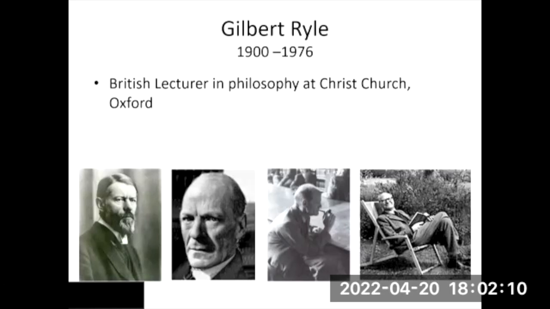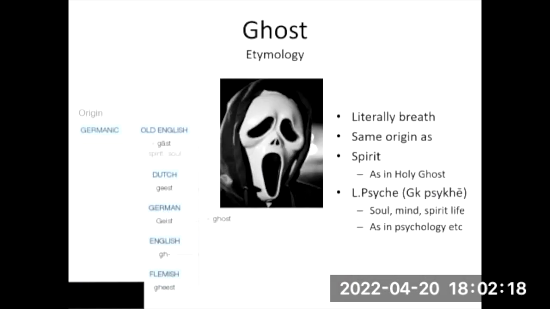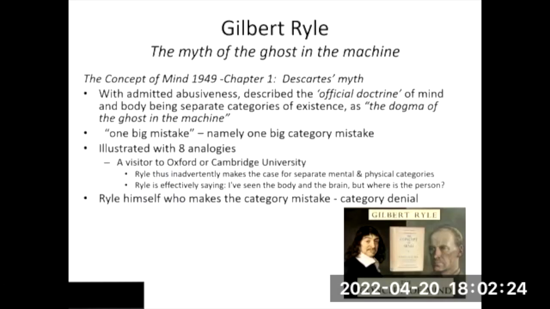And that's him in his various iterations. He started off very serious and looked a lot more relaxed at the end. I thought they were quite interesting pictures. He wrote this book called The Concept of Mind in 1949.